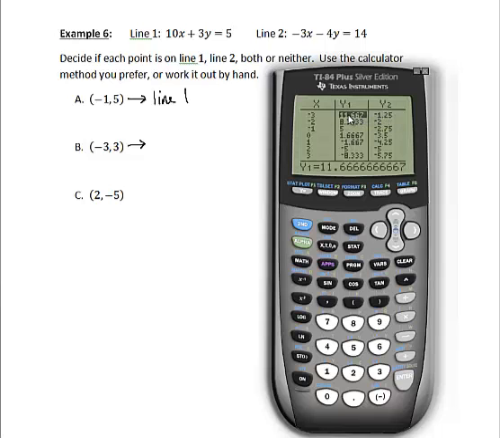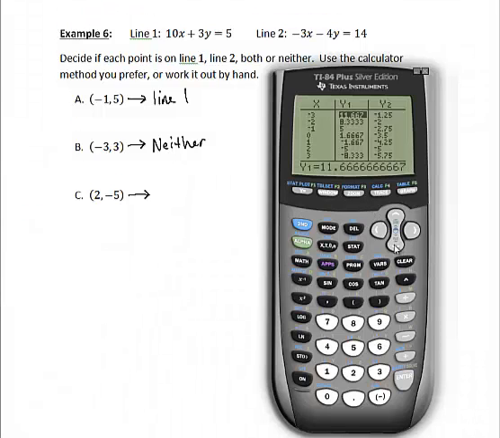We have 11 and 2/3 for Y1 and a negative 1.25 for Y2. So this point is on neither line. So A or B, neither one of them was a solution to the system.